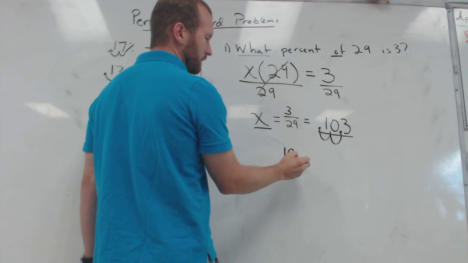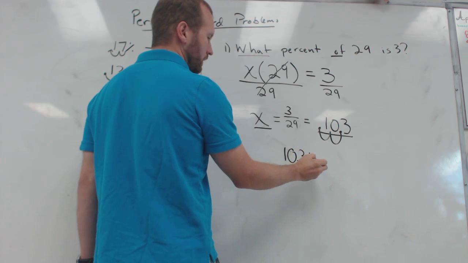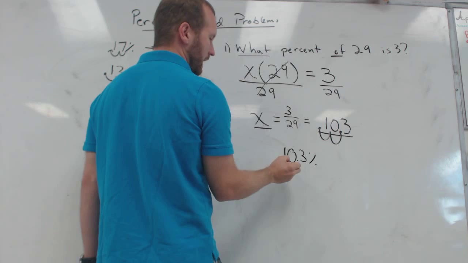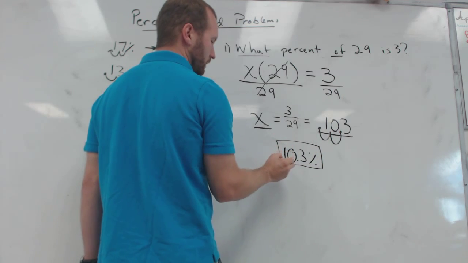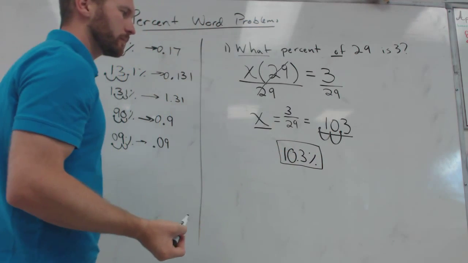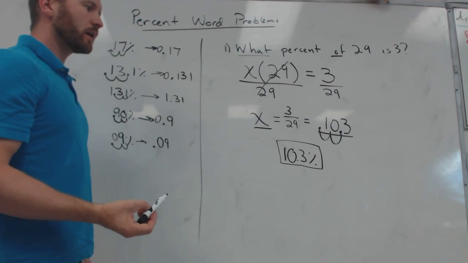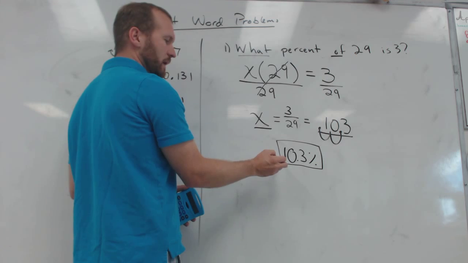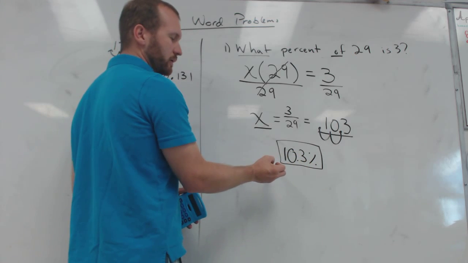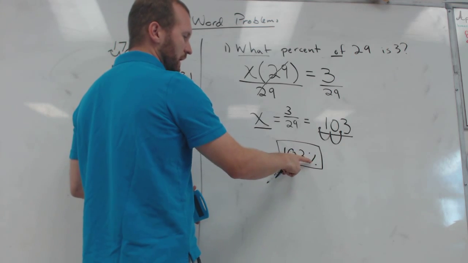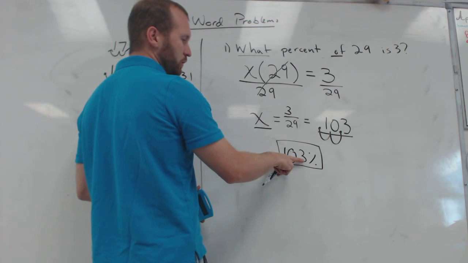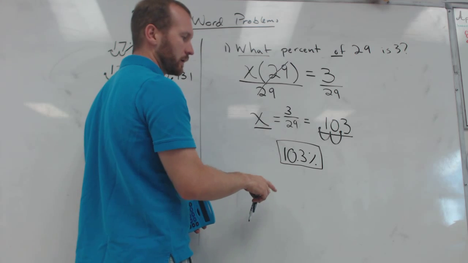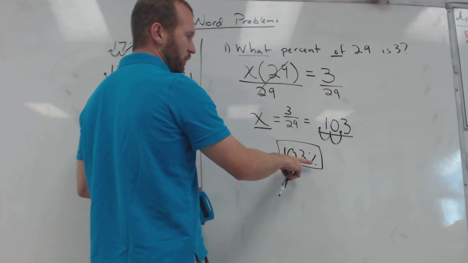So that will make this decimal become a percent. 0.103 is 10.3%. If we're converting from percent, we move away from the percent symbol. We move to the left. When we're converting to percent, we move the decimal towards where we want the percent symbol to be, right? So we move to the right.